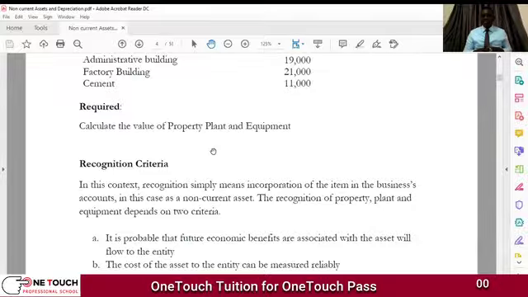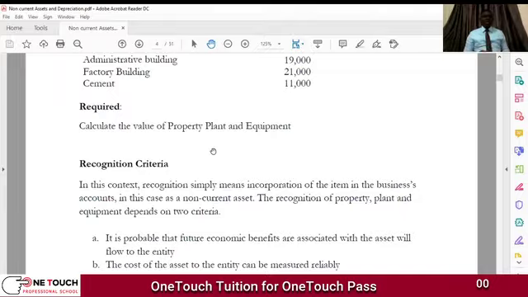We said that before an item will be recognized in the financial statements, it needs to meet the definition of one of the elements of financial statements, that is assets, liabilities, equity, income and expense. That item must meet the definition of one of them before it can be included in the financials of a particular entity.